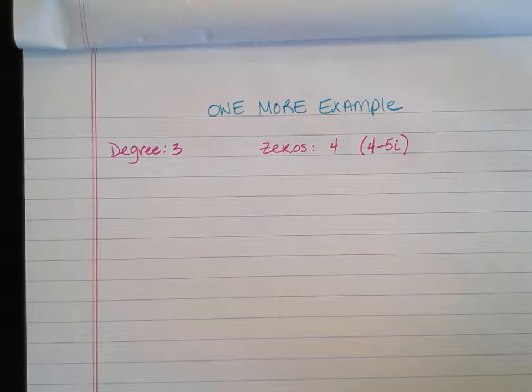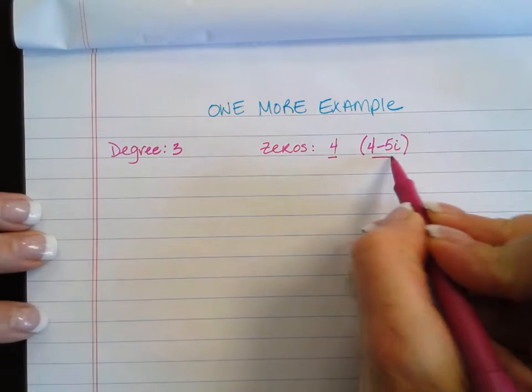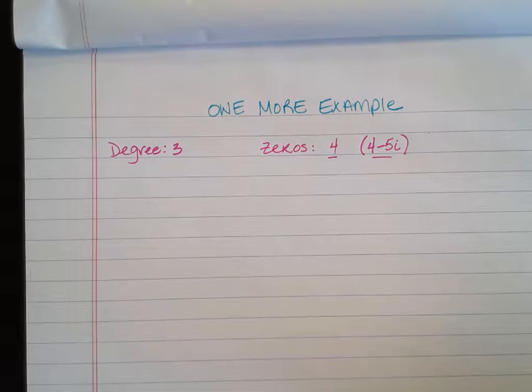That's going to give us our 3 zeros of y, because here's one zero, here's the second zero. Heidi, why do I have 3 zeros?